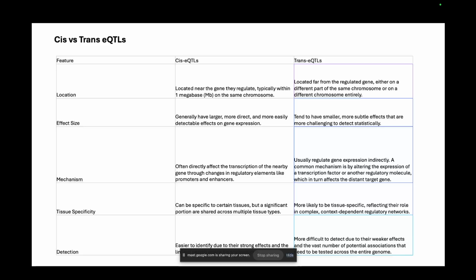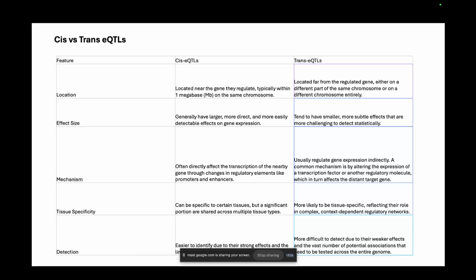A common mechanism is by altering the expression of a transcription factor or other regulatory molecules, which in turn affect the distant target gene. So it does not directly impact the expression. It will impact the expression of some other gene, the product of which is used by this particular gene to do its transcription. So that can be happening.